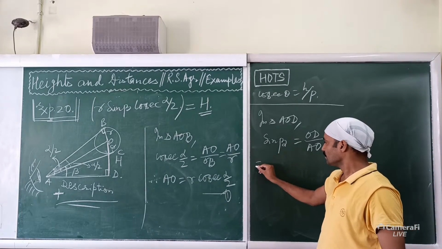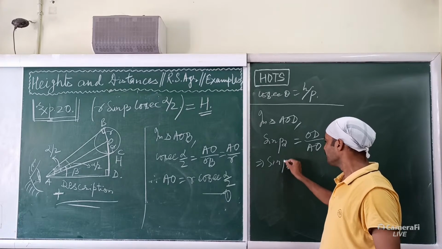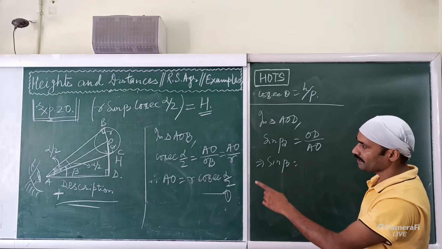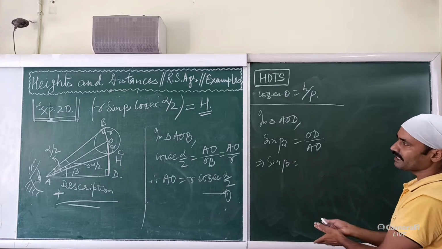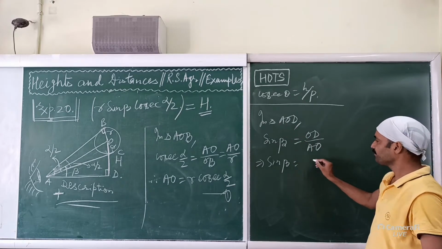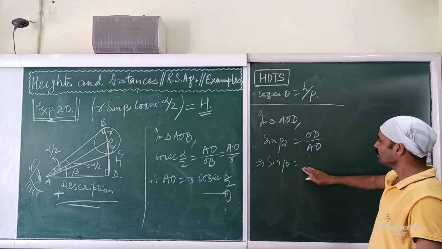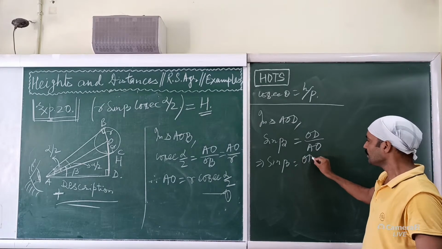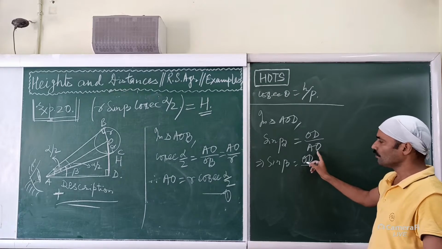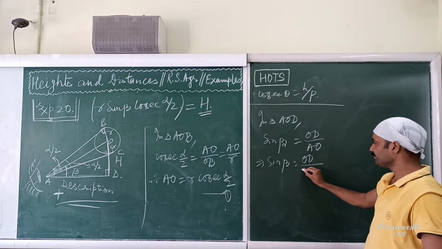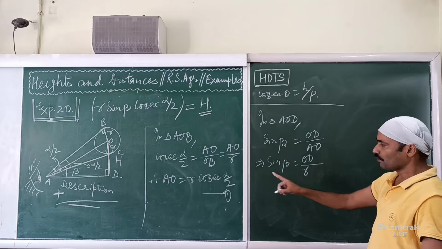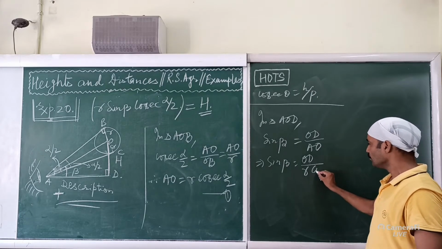Then sin beta equals OD over AO. OD is the height that we have to get, and AO we have is R cosec alpha by 2.